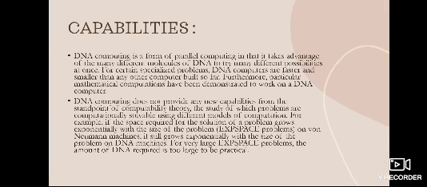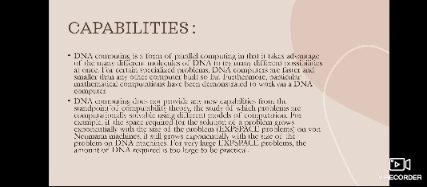Capability. DNA computing is a form of parallel computing in that it takes advantage of many different molecules of DNA to try many different possibilities at once. For certain specialized problems, DNA computers are faster and smaller than any other computers built so far. Furthermore, particular mathematical computations have been demonstrated to work on DNA computers.